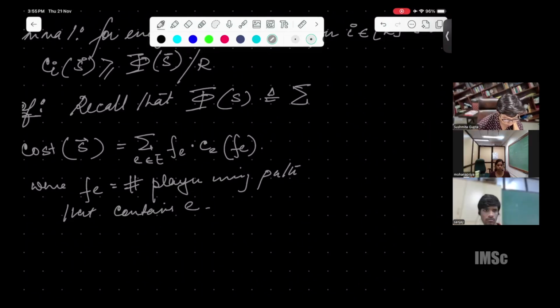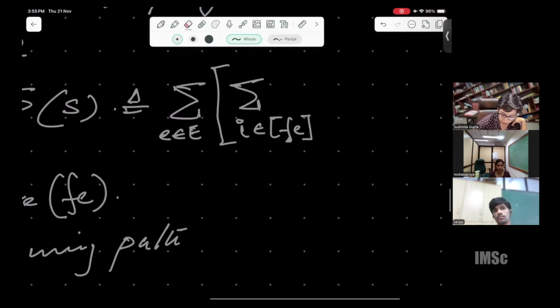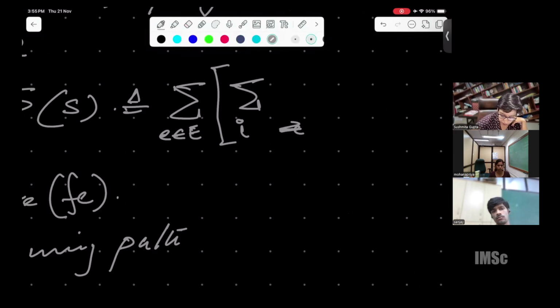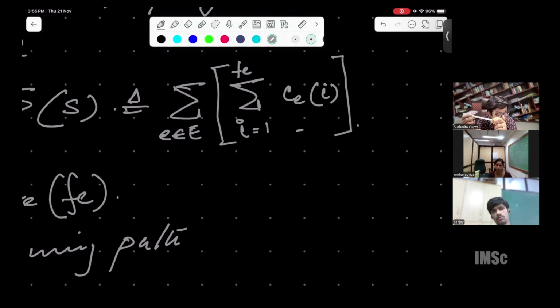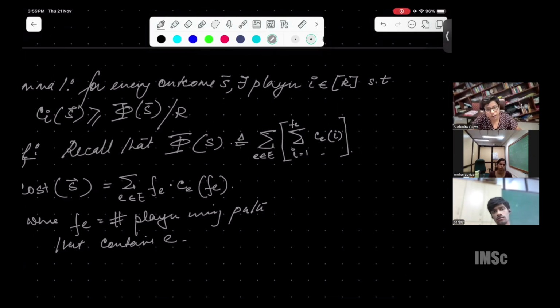And so inside you have this, but when we are in edge e, we do this. I hope by now the square bracket has become very common. c_e(i), correct? This was the definition of the potential function, right?